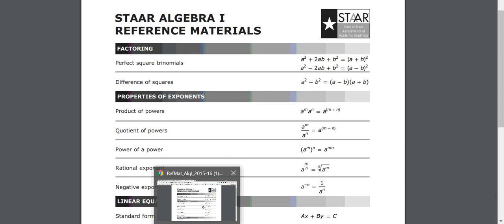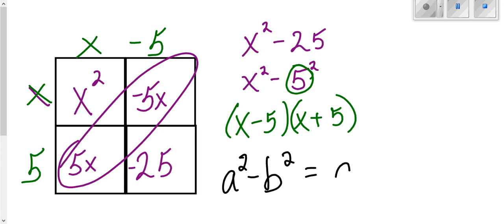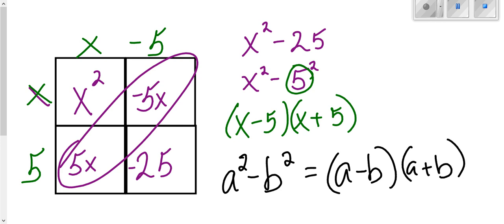My formula is a minus b times a plus b. Of course, we know that we can write it as a plus b times a minus b as well, that it doesn't matter which order we write our factors in.